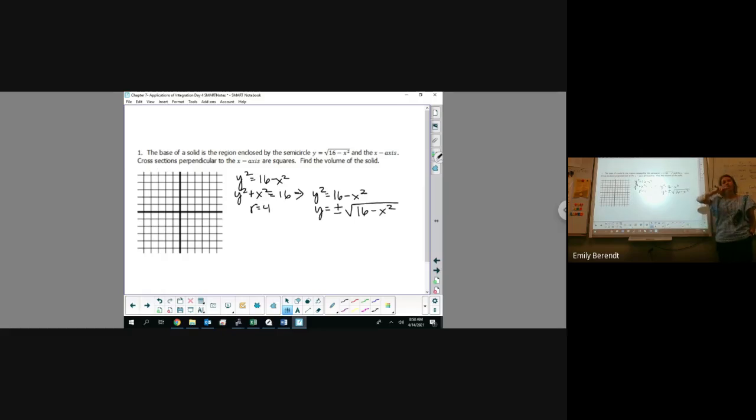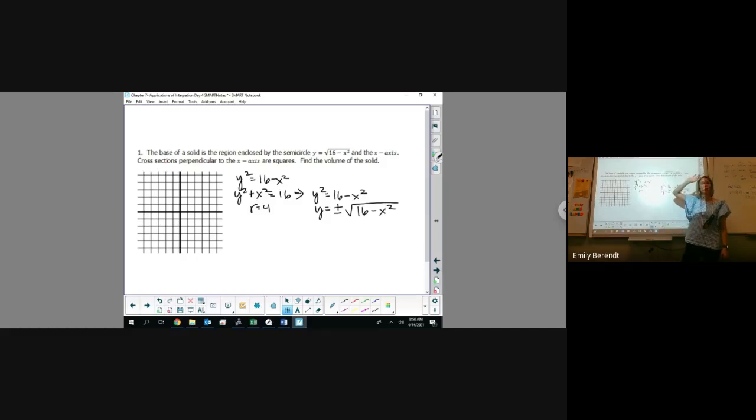So the top half of the circle is the positive square root, and the bottom half of the circle is the negative square root. Because this is saying we want y's to be positive, it's the top half of the circle. Your y's are positive up top, and the negative would be down below. Does that make sense? So they're giving you a semicircle because they only gave you the positive square root.